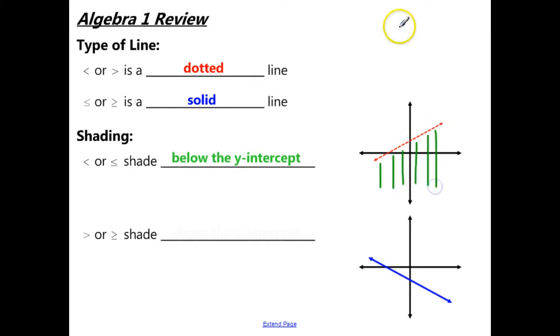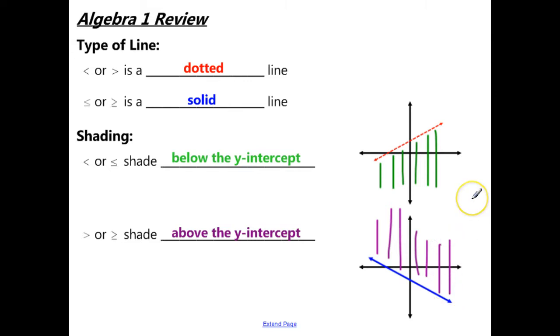So we shade all of that. Now, for this one, if you have a greater than or equal to, we're going to shade above the y-intercept. So we want all the y values that are bigger than what our inequality is going to be. So we find that y-intercept and everything above that y-intercept and that line, that's what we'll be shading.